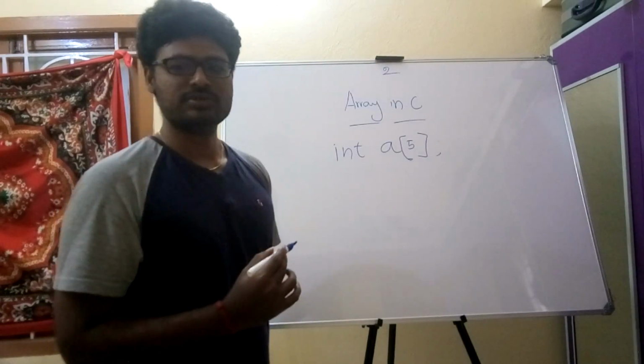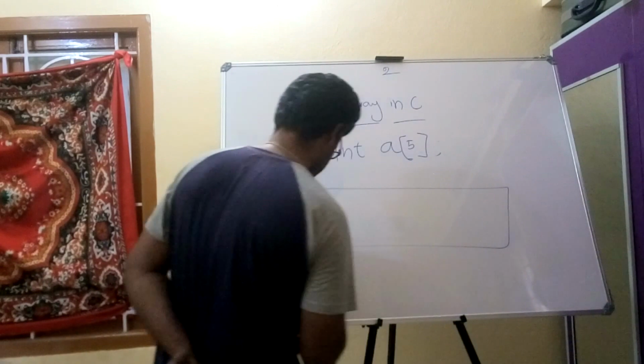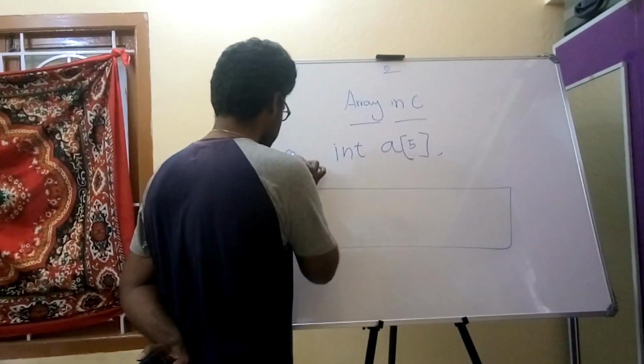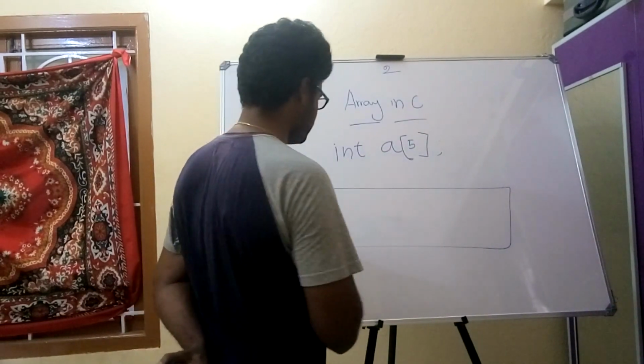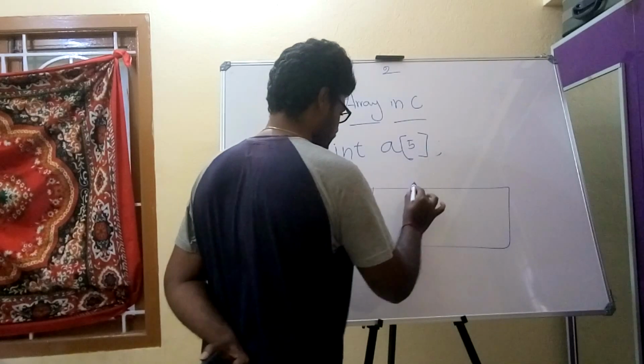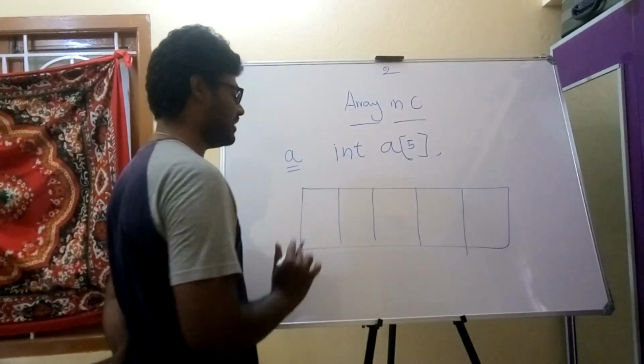I'm going to use a diagrammatical representation for this. This is an array, and the name of this array is A. In this, we can store 5 elements: 1, 2, 3, 4, 5. The index of the first location is 0, then 1, 2, 3, 4.